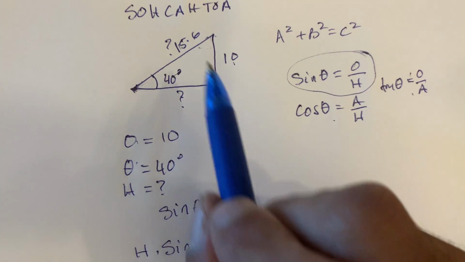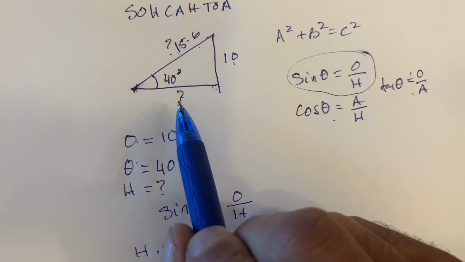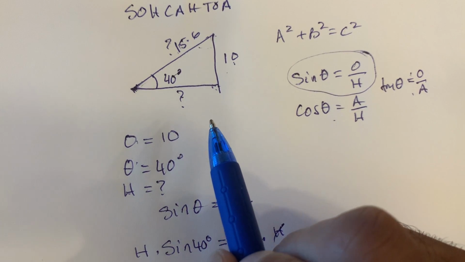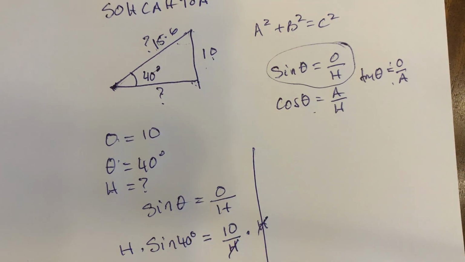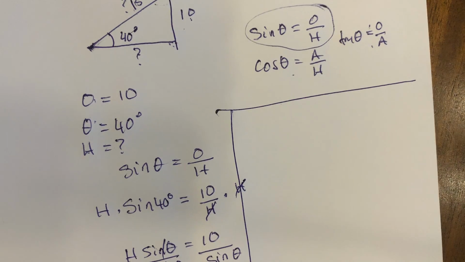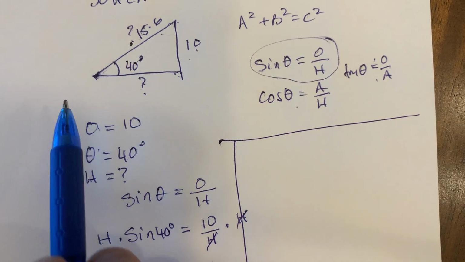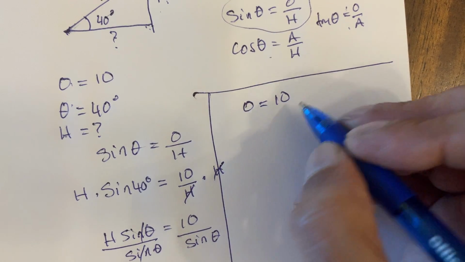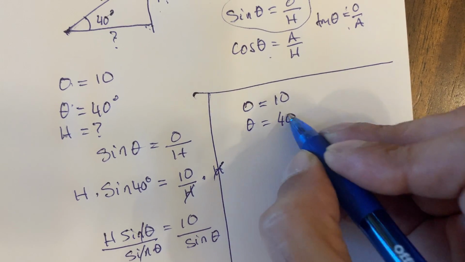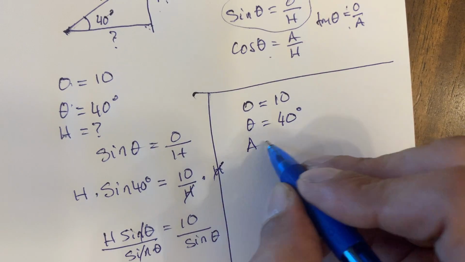Now, of course, you can use the Pythagorean theorem. 15.6 squared minus 10 squared would equal this guy squared. But we're going to use SOHCAHTOA to continue working on this. I'm just going to work on this little part right here now. So I'm going to pretend I don't know this guy, just in case I made a mistake and I don't want that mistake to carry over. So I go back and I say, okay, my opposite equals 10, my angle equals 40 degrees, and now I'm looking for the adjacent.